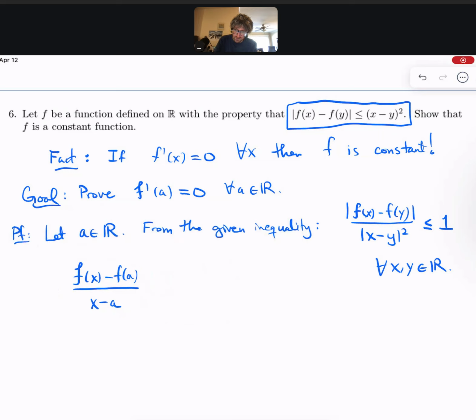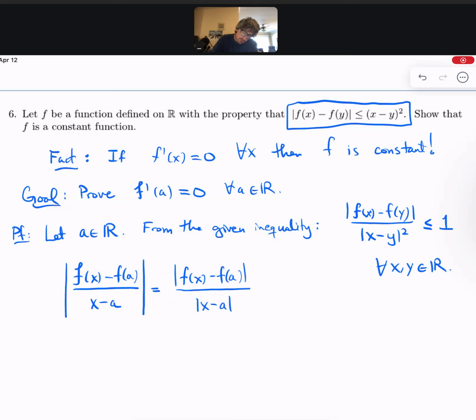And so now, for my problem down here, I notice that I very nearly have that expression. If I take the absolute value of this, that is going to be the absolute value of f of x minus f of a divided by the absolute value of x minus a.